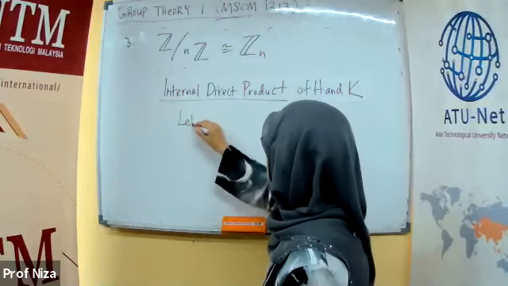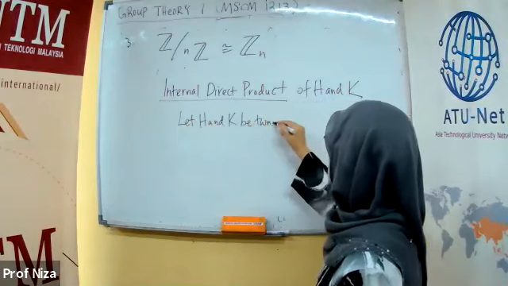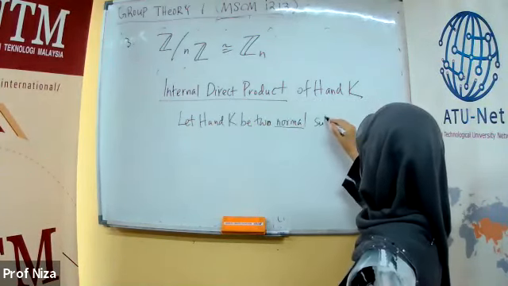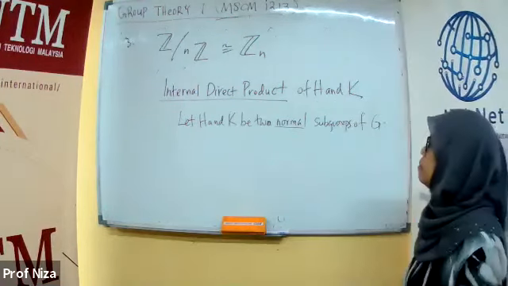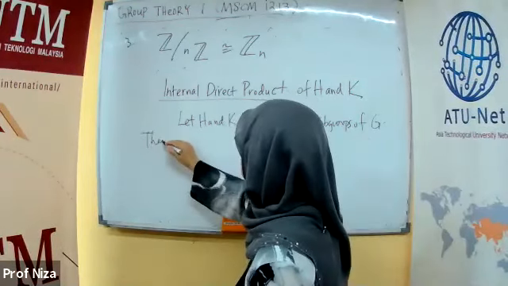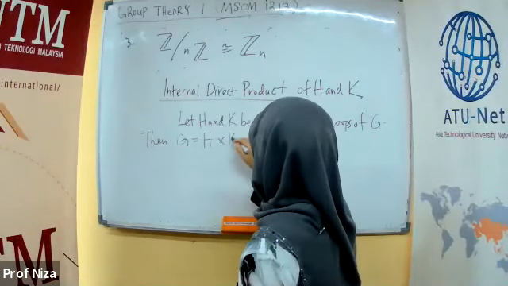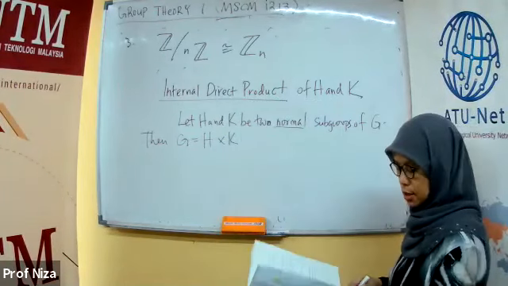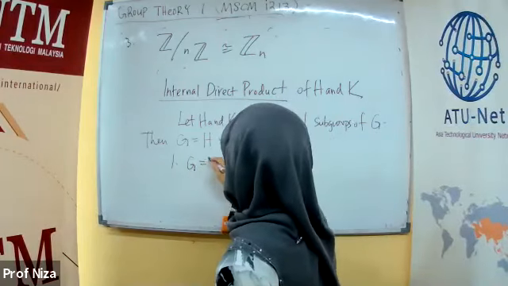Let H and K be 2 normal subgroups of G. Then G is the internal direct product of H and K if it satisfies 3 properties.